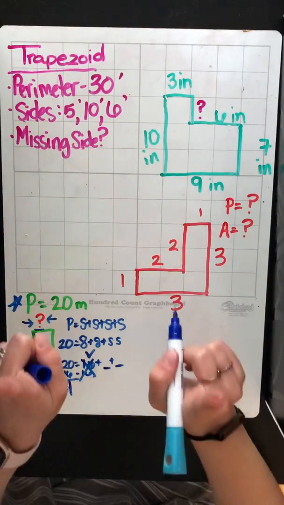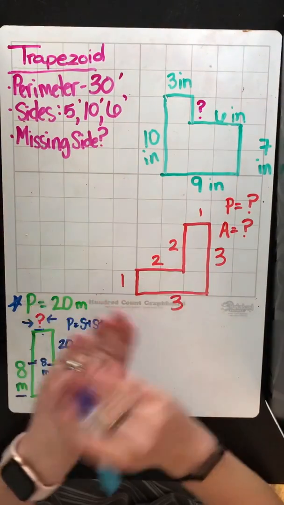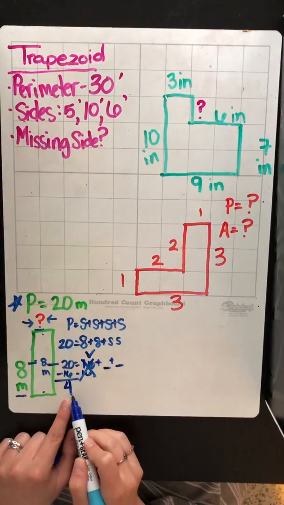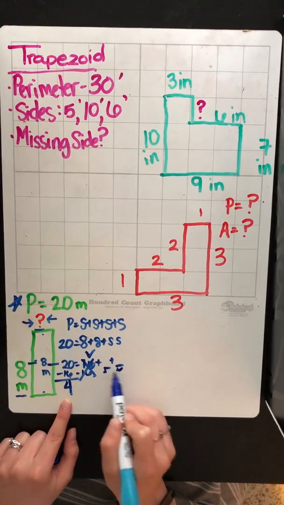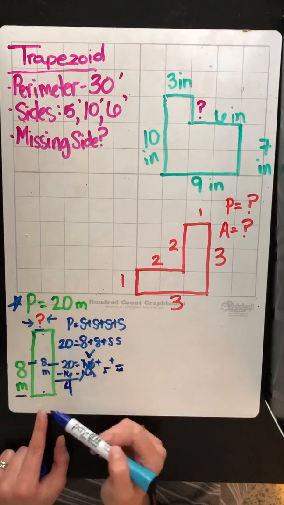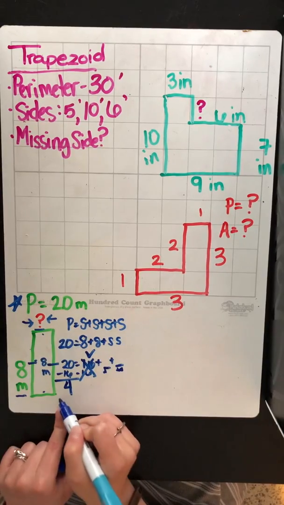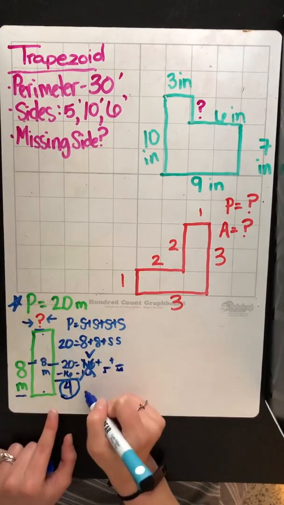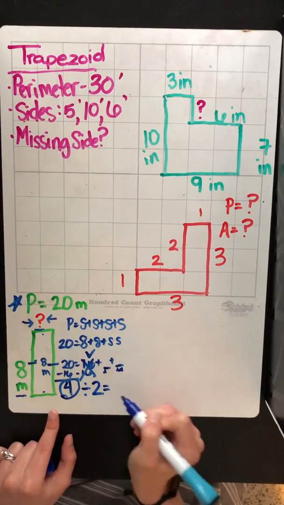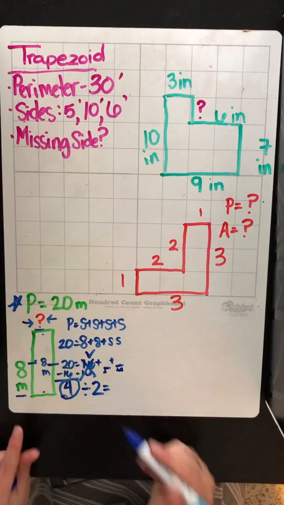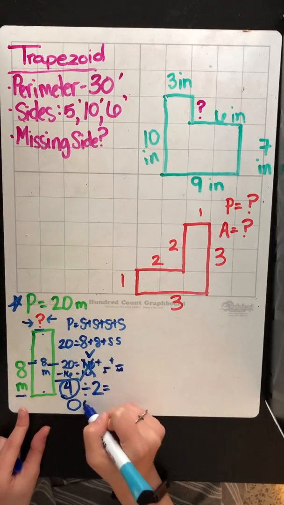But I am not done yet. No. Because this 4 has to be split up into my 2 sides. I don't just have one side that I don't know, I have 2. So now I need to take that 4 and divide it by my 2 sides. Now, whenever you're doing this step, you can always use your 2 circles.